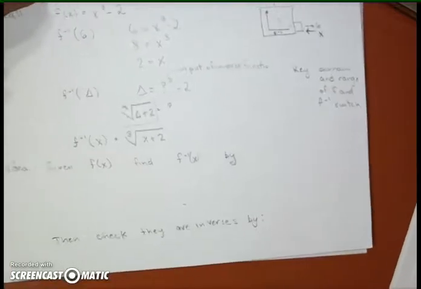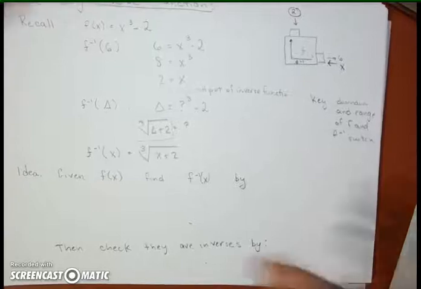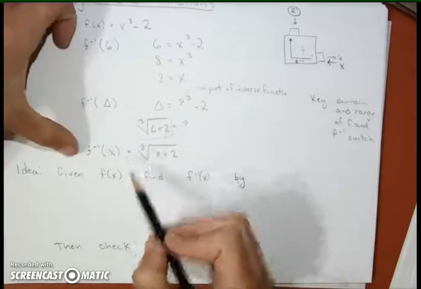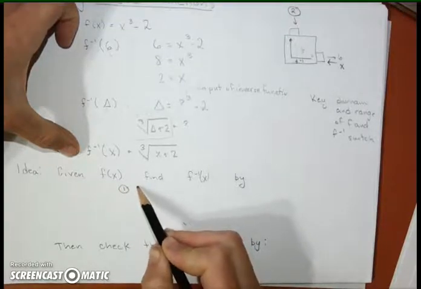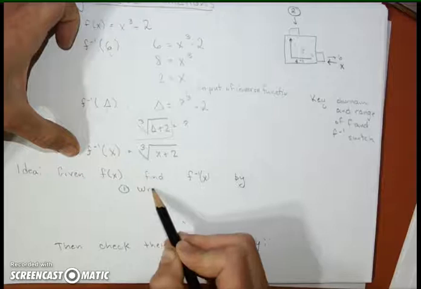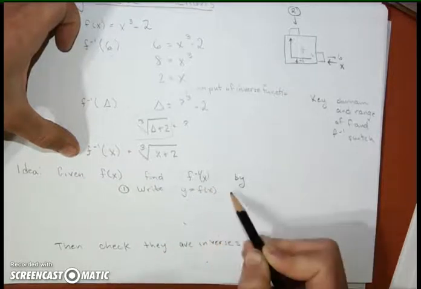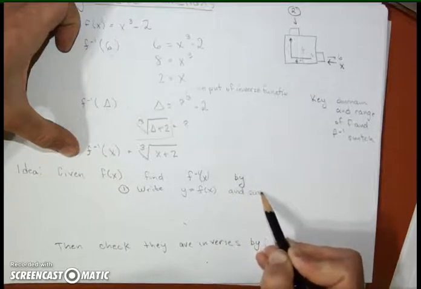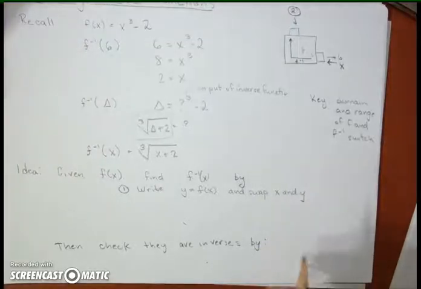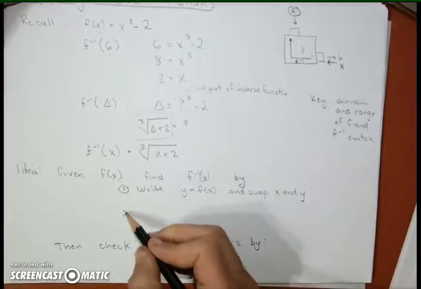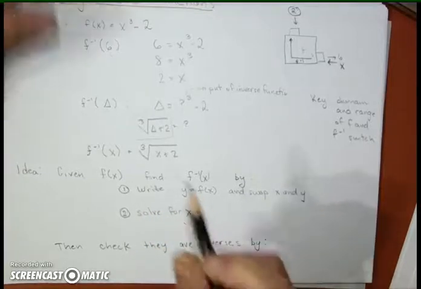So let's see how that helps us to solve for the inverse function. Our first step is to write y equals f of x and swap x and y. The roles of x and y switch places. And then step 2 is to solve for x.